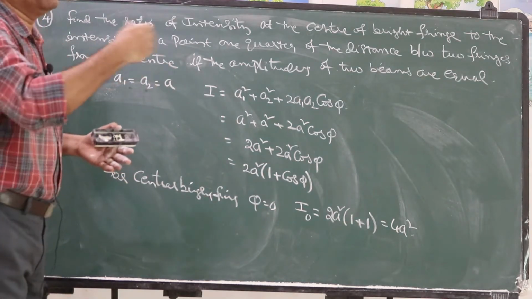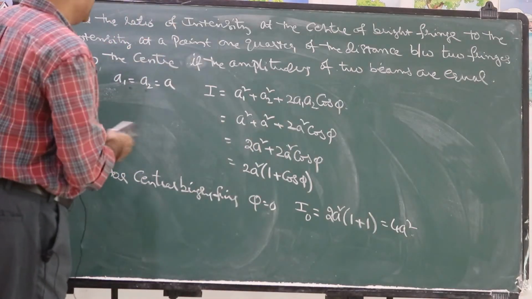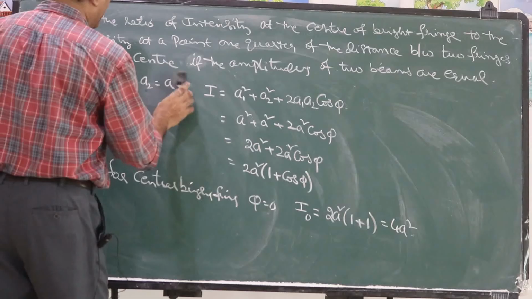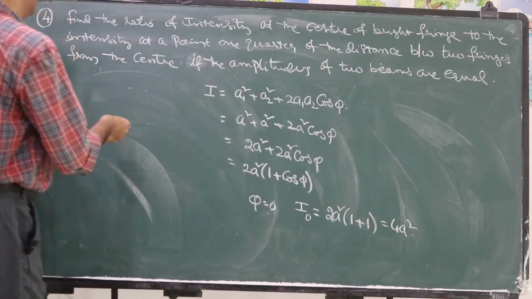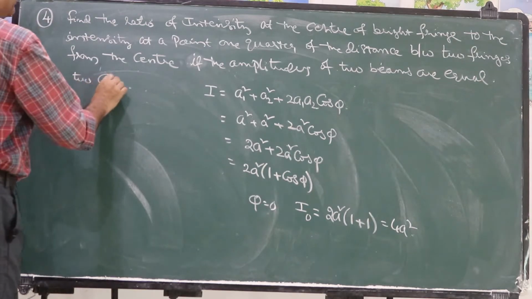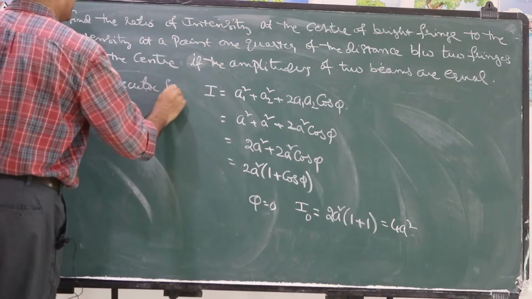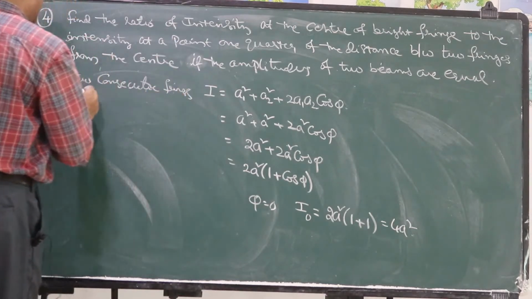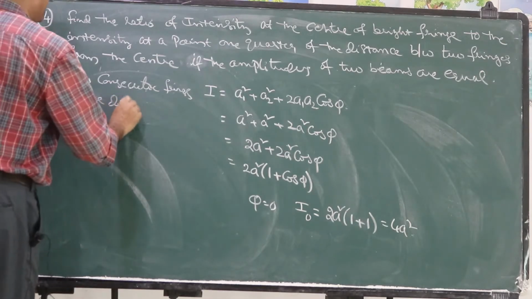Actually, between any two consecutive fringes, the phase difference is equal to 2 pi.